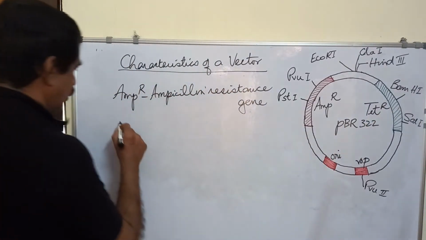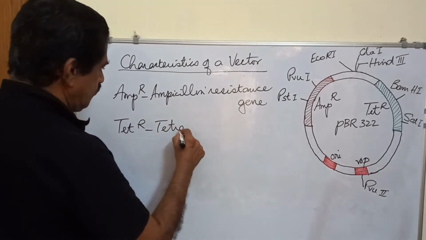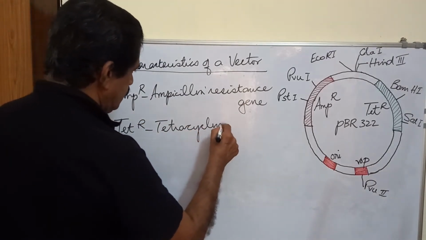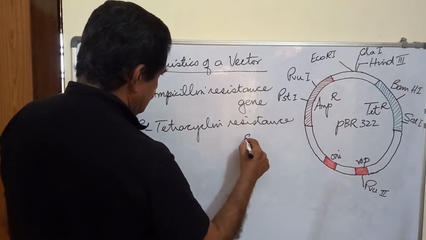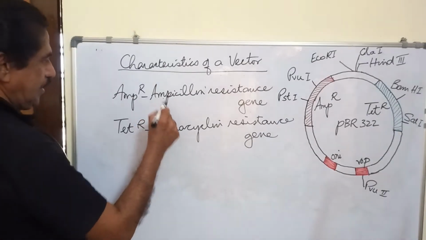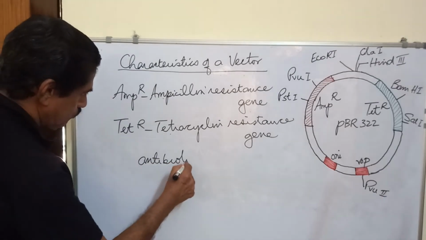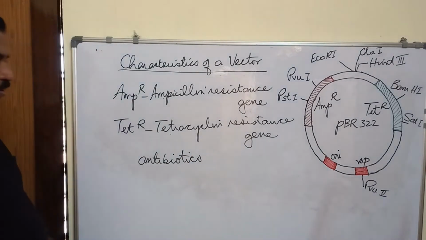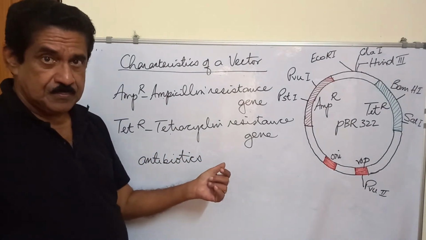TetR stands for tetracycline resistance gene. Both ampicillin and tetracycline are antibiotics. So, these are antibiotic resistance genes.